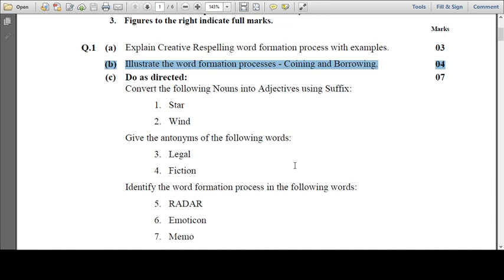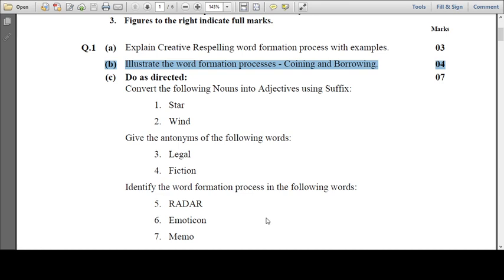These are examples of African languages. Then coffee, kiosk, Ottoman. These are from Turkish. This much information is sufficient for writing this question.